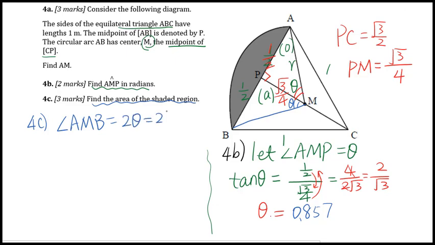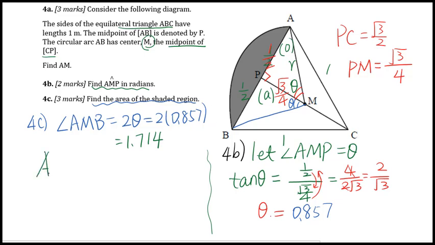That is 2 times 0.857 equals 1.714. This will be the central angle for the sector MBA, and also the included angle for the triangle AMB.